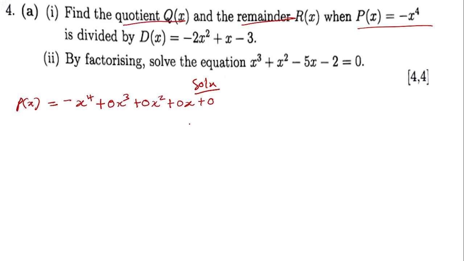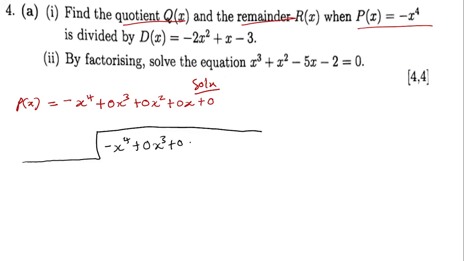So I'll draw my thingy like that. Inside there, I'll put negative x to the power 4, and then plus 0x cubed, and then there I'll say plus 0x squared, and then I'll say plus 0x, and then I'll say plus 0.